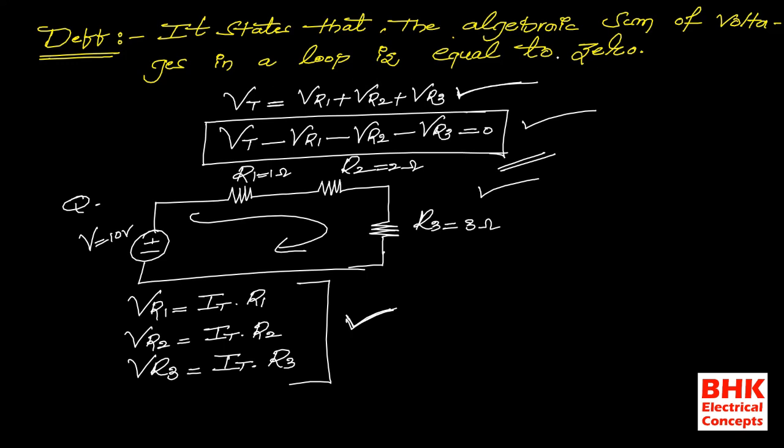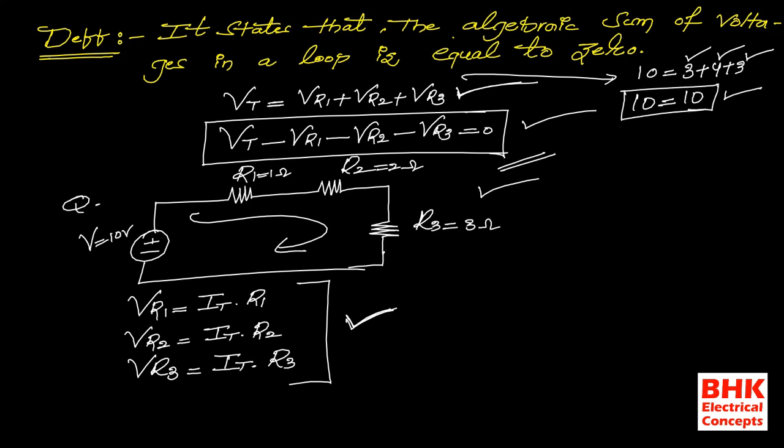For example, if you are applying 10 volts, and VR1 is 3 volts, VR2 is 4 volts, and VR3 is 3 volts, then 3 plus 4 plus 3 gives 10, so 10 is equal to 10, and Kirchhoff's voltage law is verified.